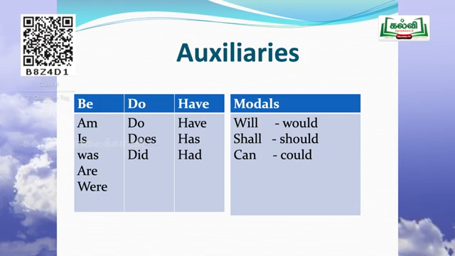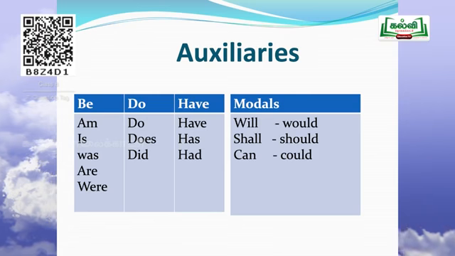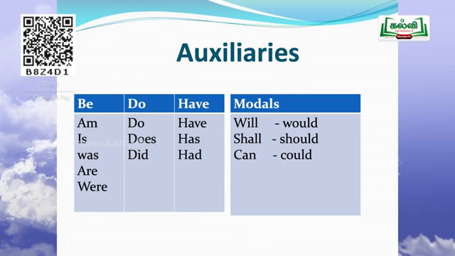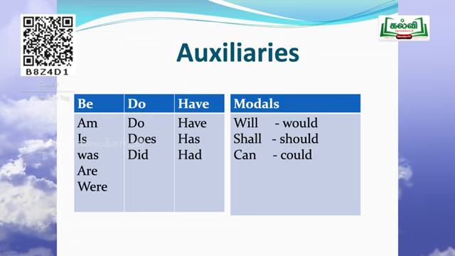Under have verbs we have have, has, and had. And we have modals: will, would, shall, should, can, could, may, might, and must. Usually, we do not use may, might, and must in fact. So the remaining six we use.